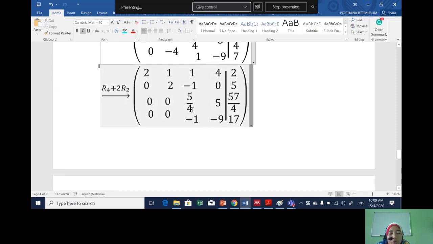See that the elements below these two are already 0. Next, we have to update the new scaling between row number 3 and row number 4. Row 1 and row 2 we don't touch anymore. So our focus now is on row number 3 and row number 4.